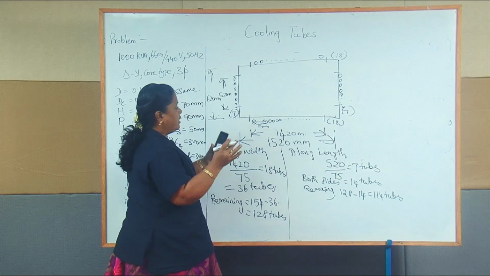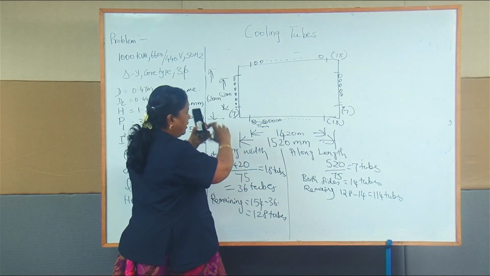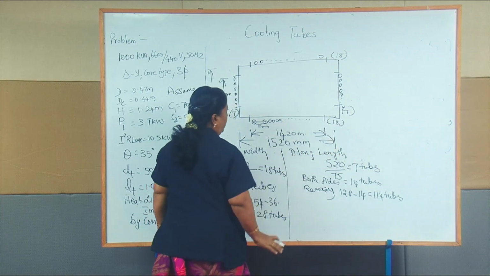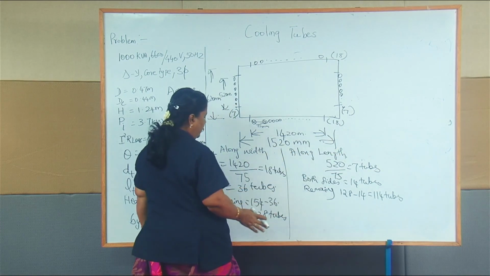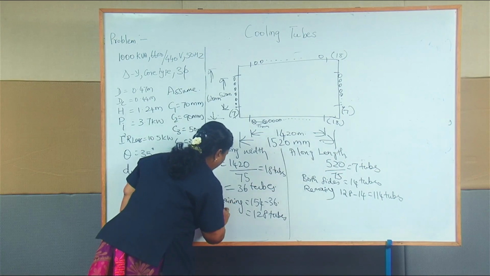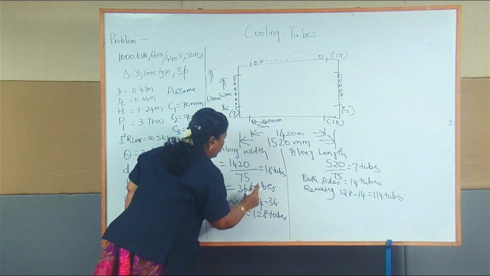So, next, these 115 tubes, where we have to keep? In the next row. Okay, so for that there is no need to do all this calculation. Directly, the first row had 18 tubes, isn't it? In the second row, reduce 1 tube.